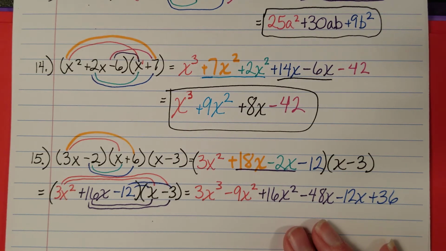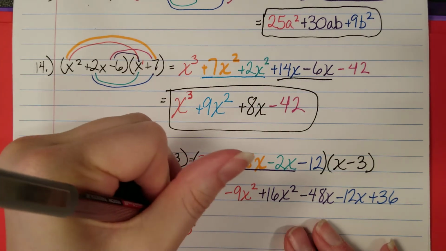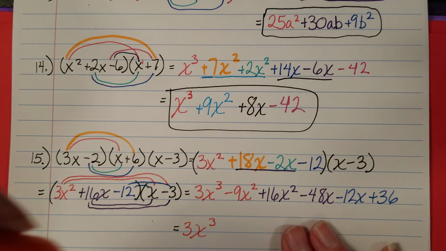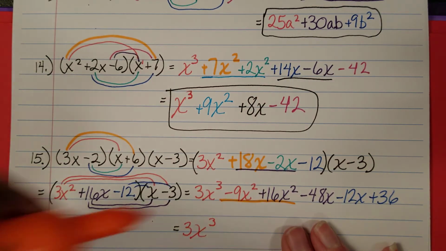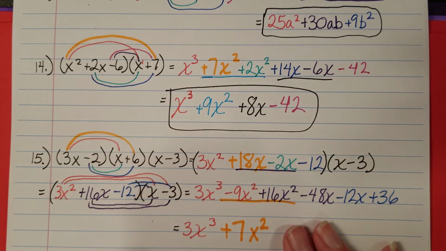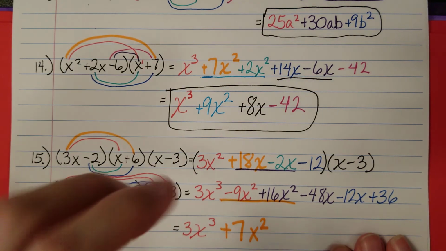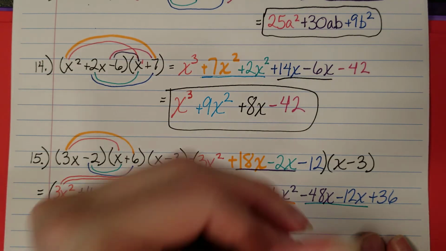All right, so I'm going to bring down 3x cubed because it doesn't have any like terms to combine with it. Then I'm going to combine the x squared, so negative 9x squared plus 16x squared is going to equal positive 7x squared. Then negative 48x plus negative 12x is going to equal negative 60x.